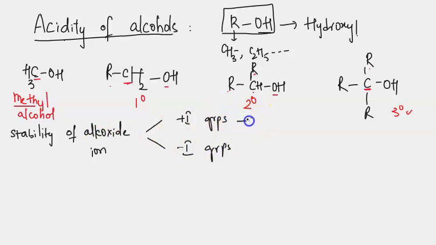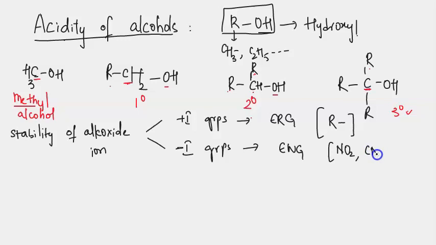Plus I groups are electron-releasing groups, which give out electrons onto the carbon chain. Minus I groups are electron-withdrawing groups, which pull the electrons towards them. Examples: mainly the R group will be the electron-releasing group, and electron-withdrawing groups can be the NO2 group or the CN group, which have more electronegative atoms on them.